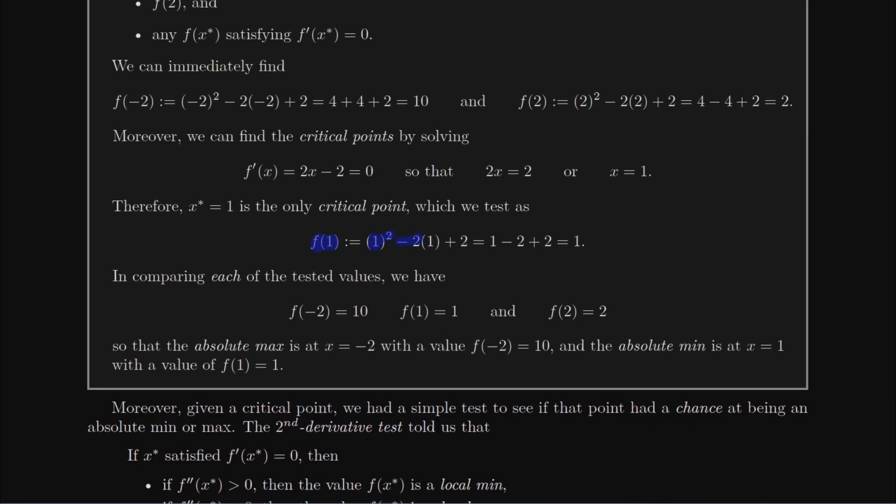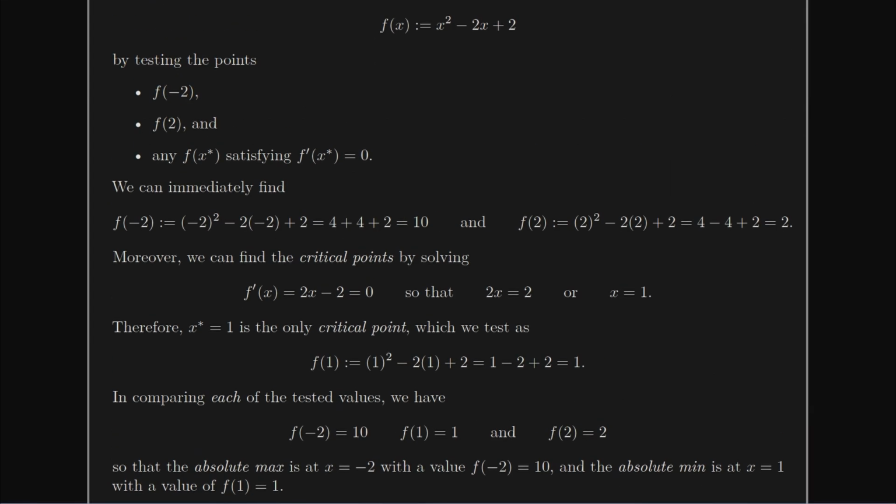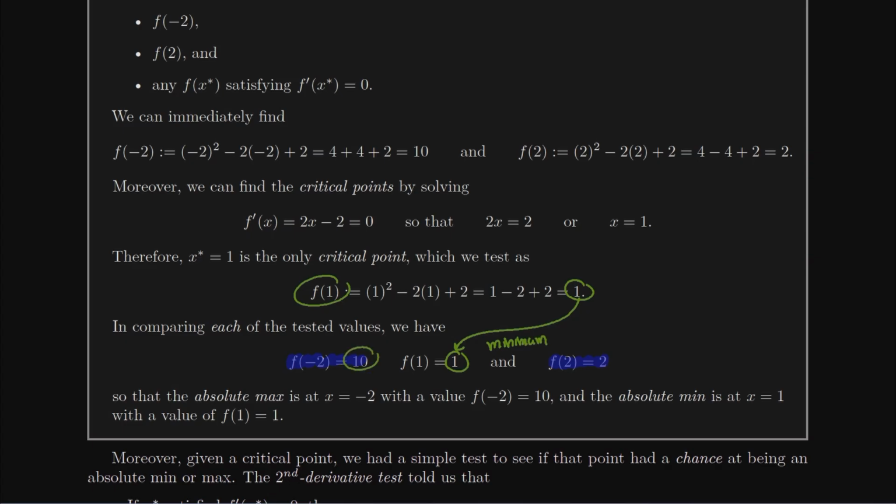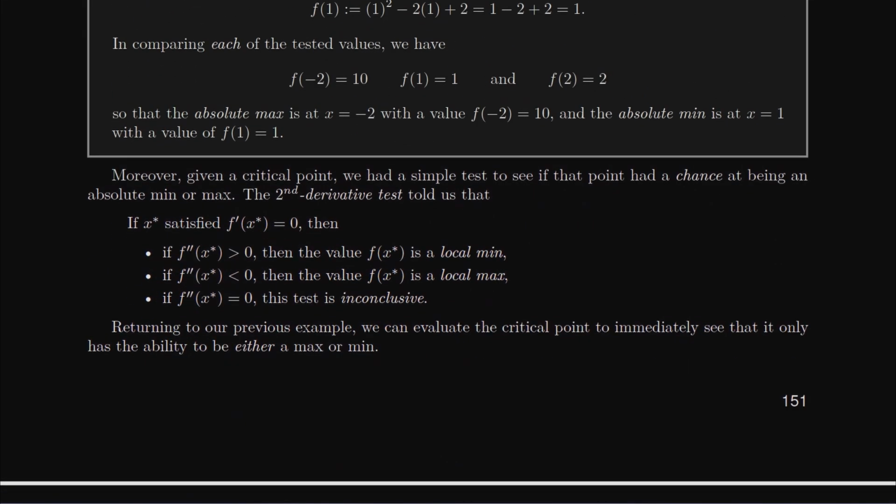If I plug that into my function here, I just get the value 1 out of it, and then if I plug in the endpoints of my function, f at -2 and f at 2, well, at -2, when you plug that into the function, you get 10, and at 2, you get 2, which means our critical point, which outputted a 1, happens to be the minimum, because it's the smallest of these three numbers that we tested, and the 10 over here happens to be my maximum, because it's the largest of the values that I tested. So that's how it worked back in Calculus 1.